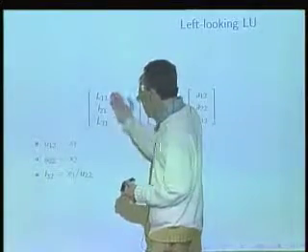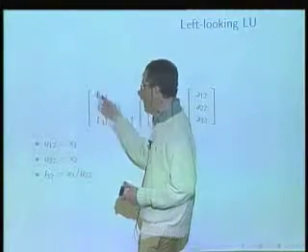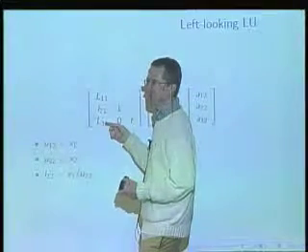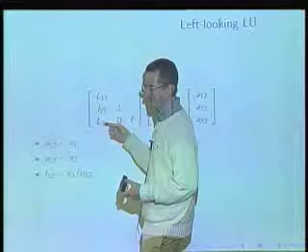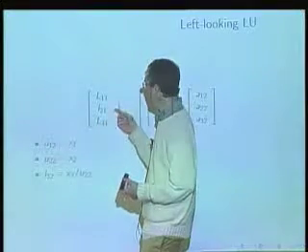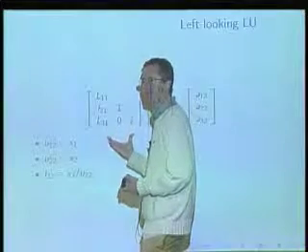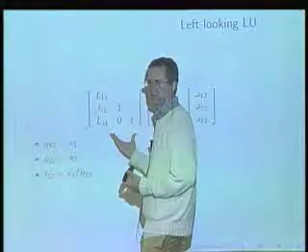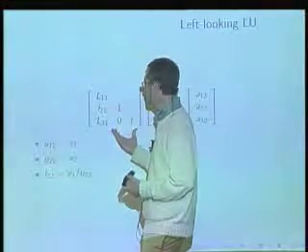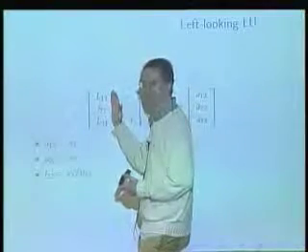This piece right here is lower trapezoidal, right? This is the first k-1 columns of the matrix you've computed so far, and this is identity, and this is easy to construct implicitly, in the sense that we've got this part of the matrix already.